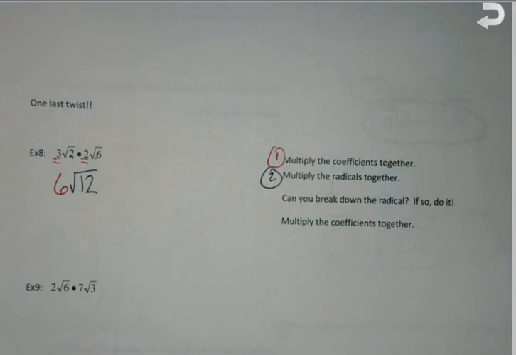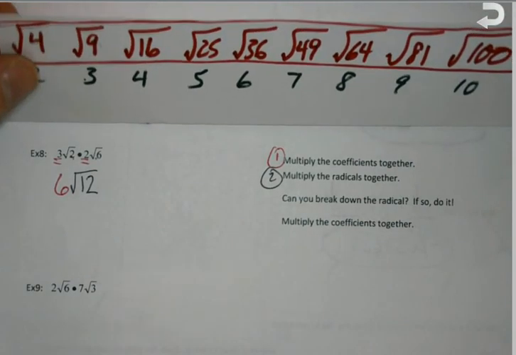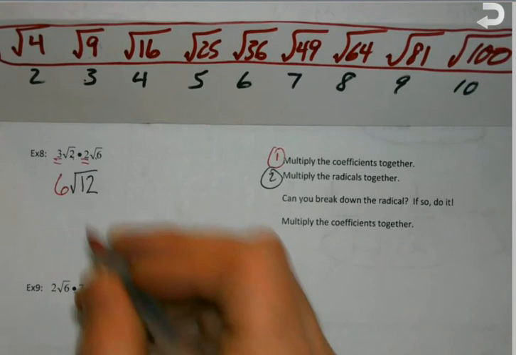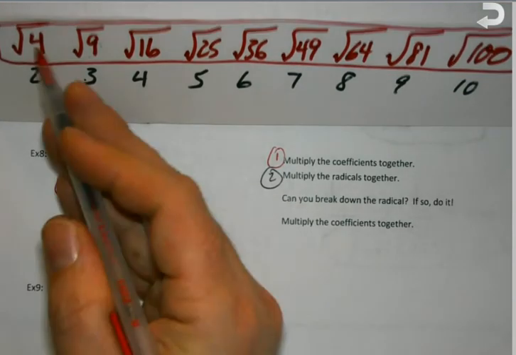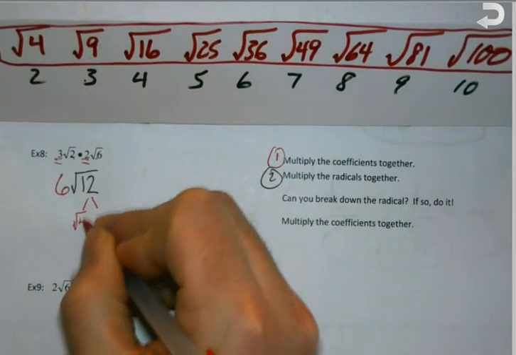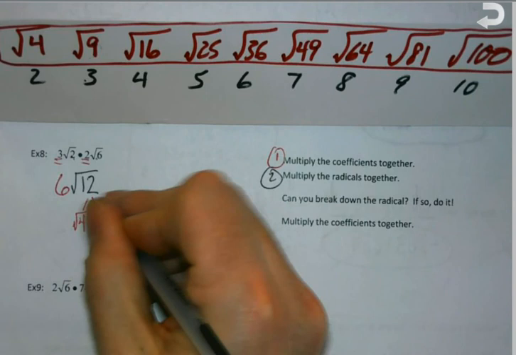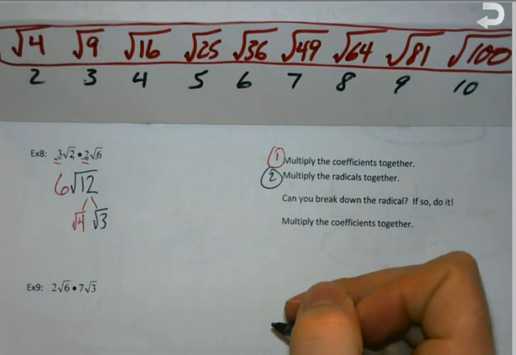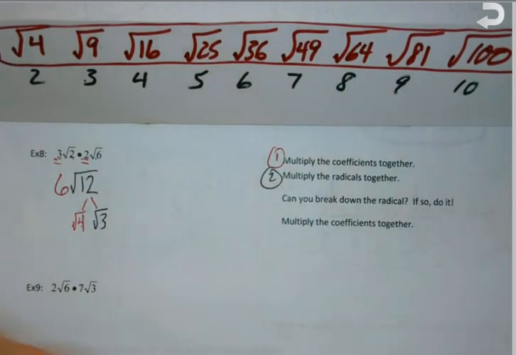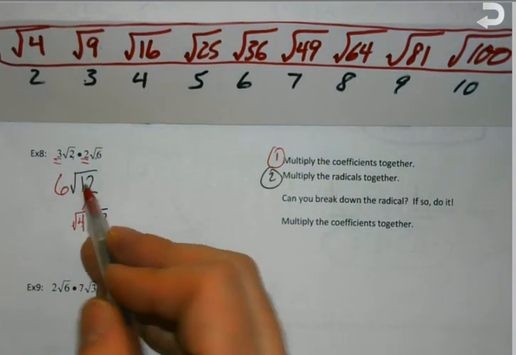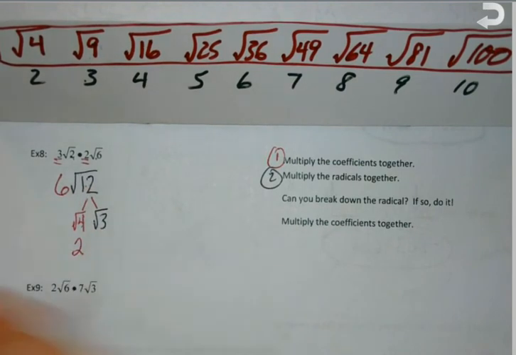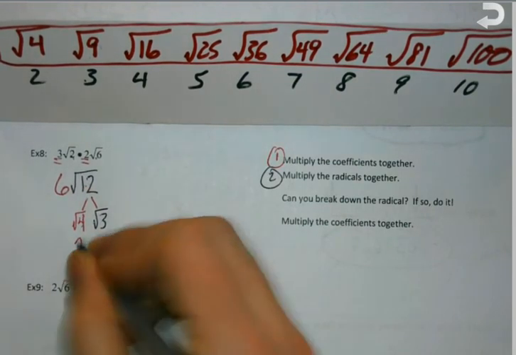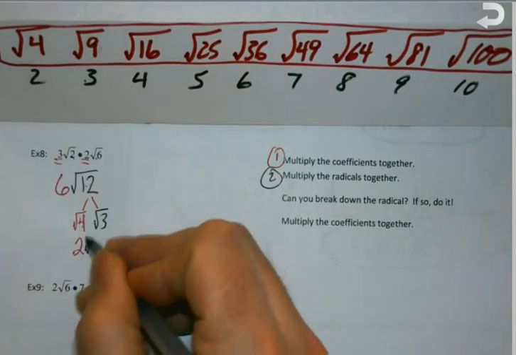And if I can break down the radical, I need to. Okay? So this is where I bring my chart back up. And I say, okay, 12, yeah, 4 will go into 12. It's in my radical red list. So the square root of 4, notice I'm not doing anything with the 6 yet, just the radical. 2, because 4 breaks down. 3 is not radical in red.